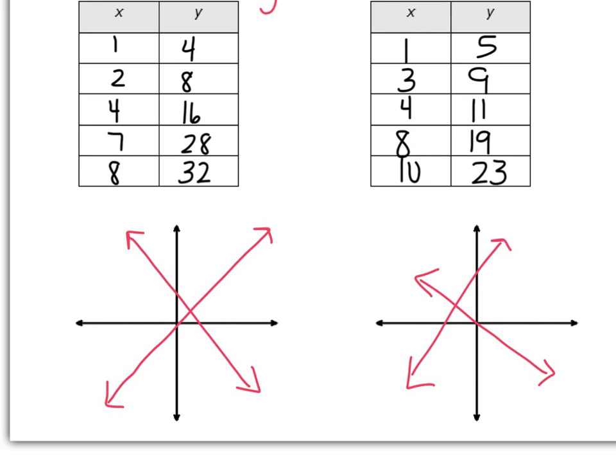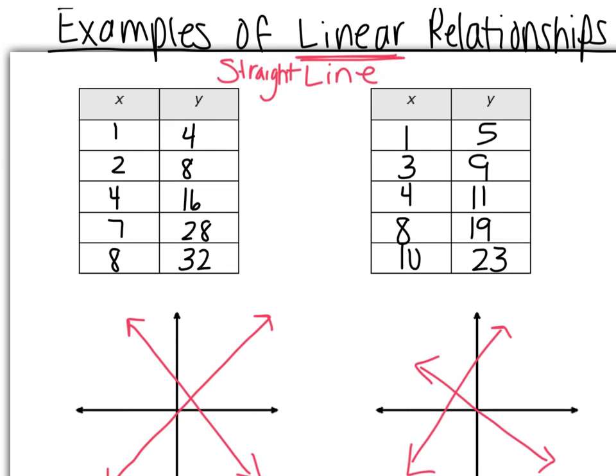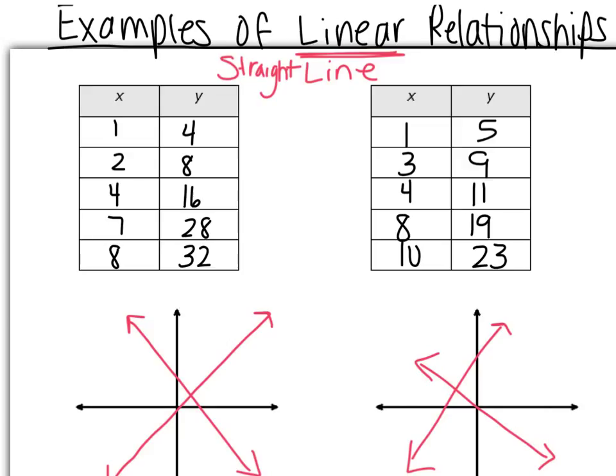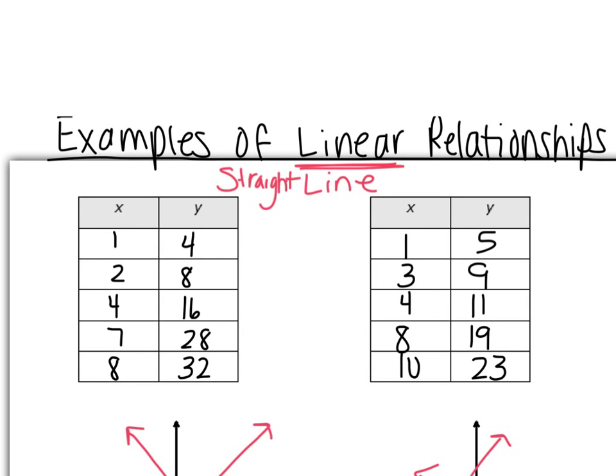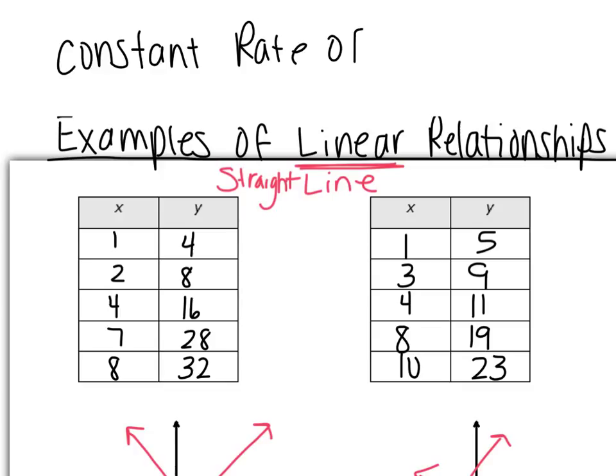Now tables, on the other hand, we have to do a little bit of work, and I'm going to tell you what that work is. It's not very hard. In a table, for it to be linear, your table must have a constant rate of change.